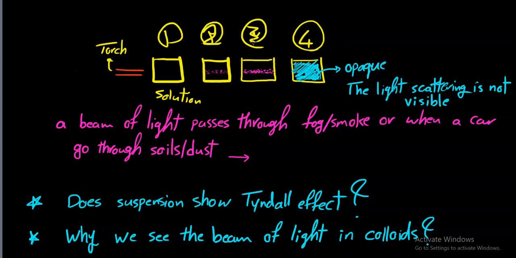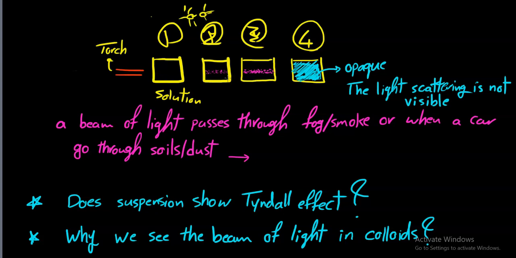How about samples number 2 and 3? You can see the passage of light is completely visible. But between these two, the passage of light in sample number 3 is more visible than in sample number 2. So definitely the particle sizes of samples 2 and 3 are big enough to scatter light, as I told you. But in sample number 1, the particle size is too small, so the scattering is very negligible, so there is no light coming out to your eye, and you cannot see the passage of light here.